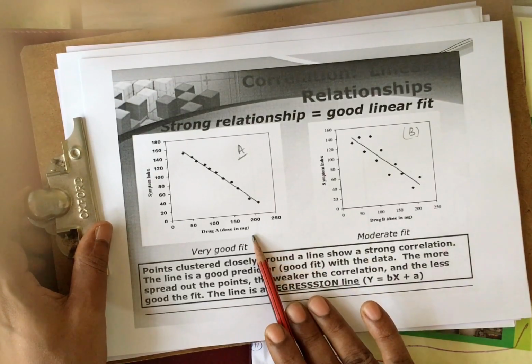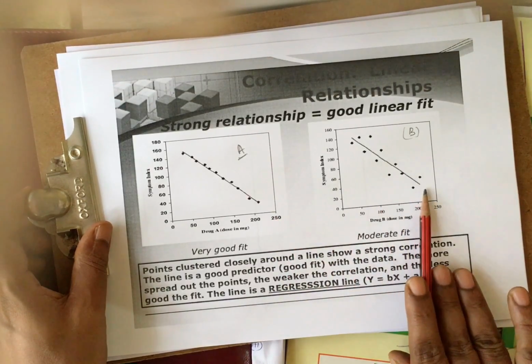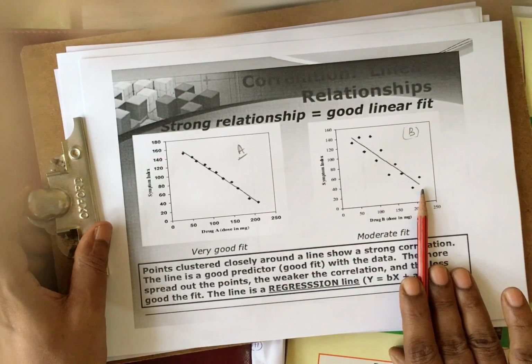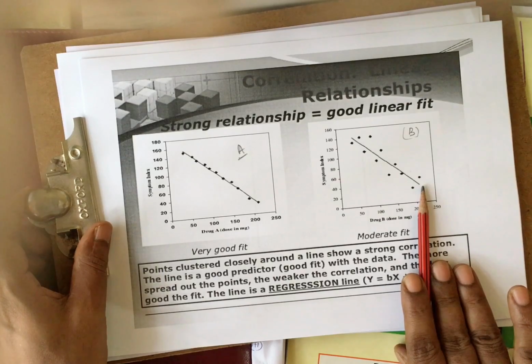Diagram A shows a very high degree of correlation, whereas diagram B is not as high a degree, but it is a moderate correlation.